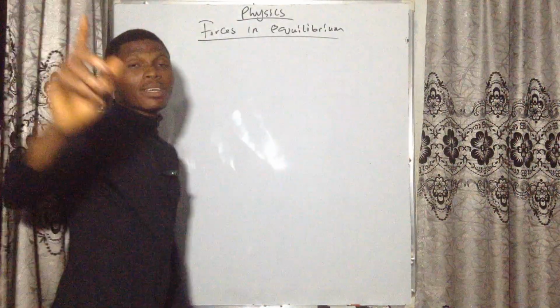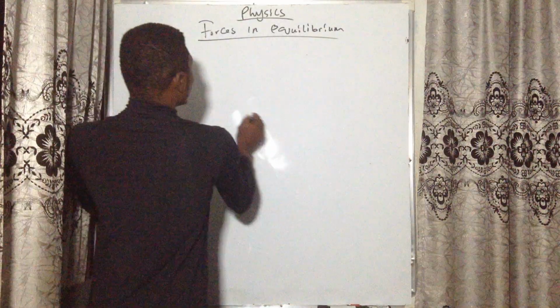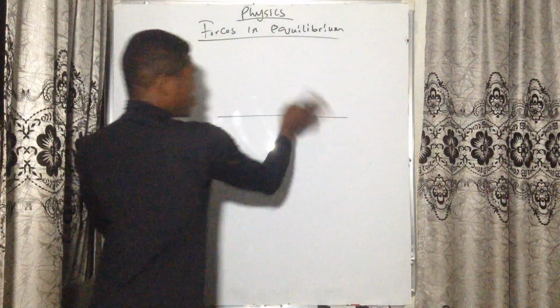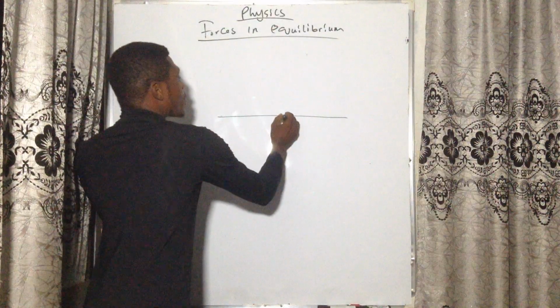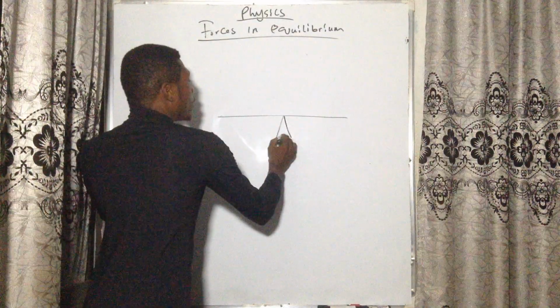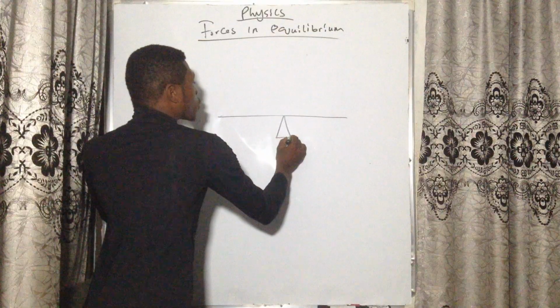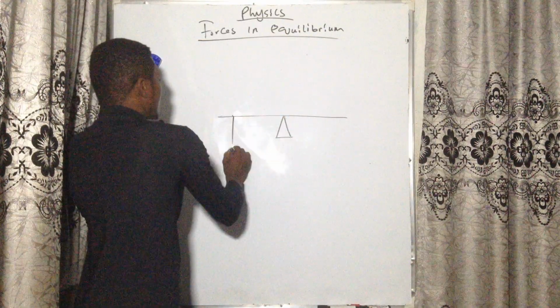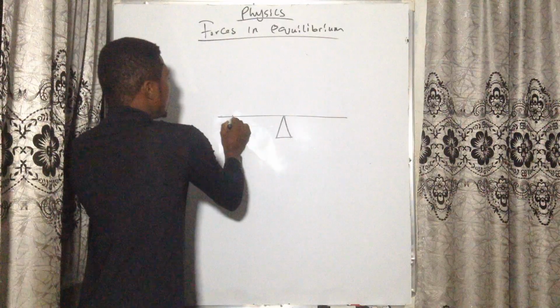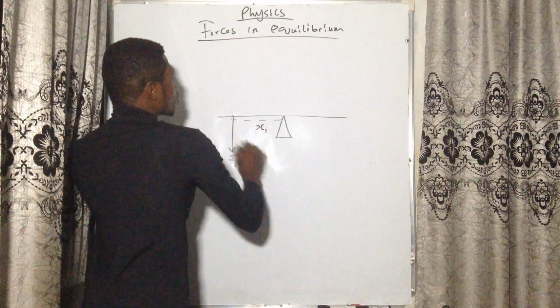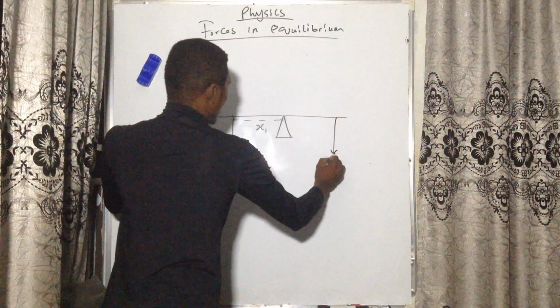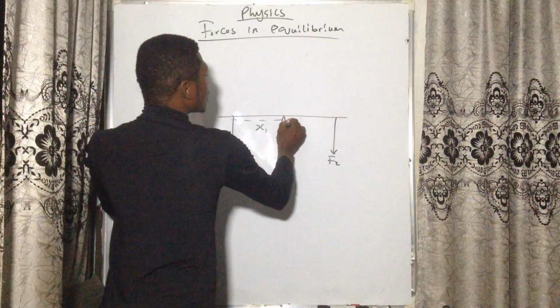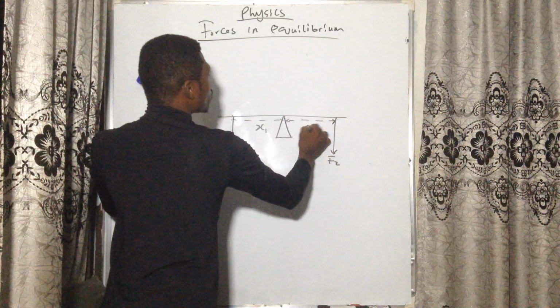Now, to explain the second condition, let's have maybe a meter rule resting on a pivot support, on a support like this. So let's say this force is F1. Let's say the distance is X1. This one is F2. Let's say the distance is X2.